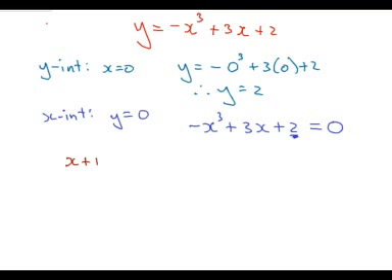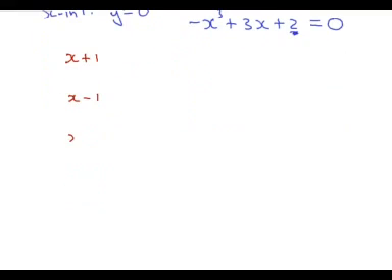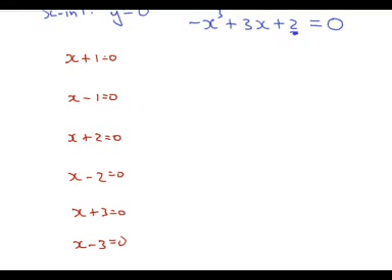So you say it could be x plus 1, it could be x minus 1, it could be x plus 2, it could be x minus 2, it could be x plus 3, or it could be x minus 3. Alright, it could be any of those 6 values, and then you make them equal to 0 individually, so that you can solve for x in each case.